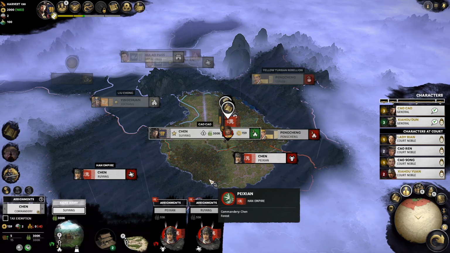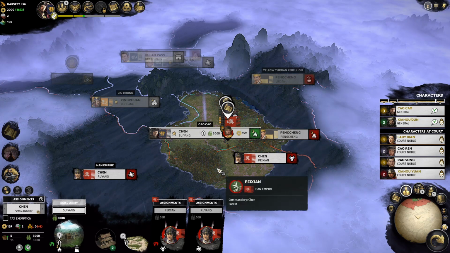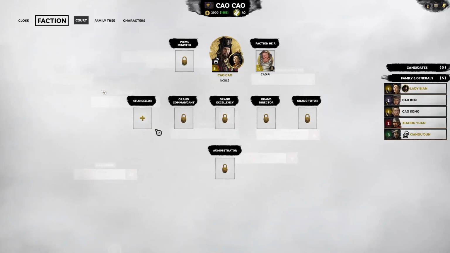So it's a very, very important role, and you can get multiple administrators in a game. You get them passively as you rank up your faction rank. You also get them from reforms, which is also another topic. We can talk about administrators all day, but I think at this point we provided enough information about them for you to know what they are for.